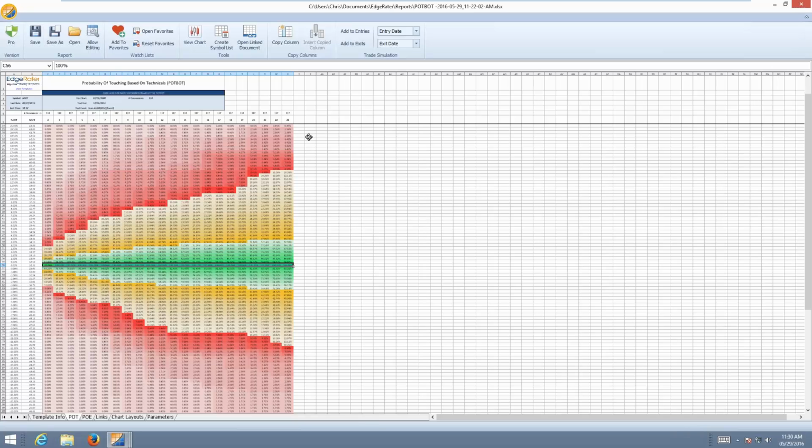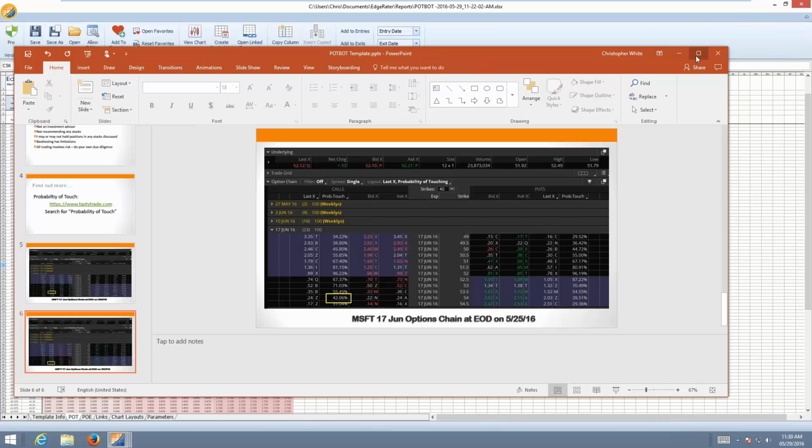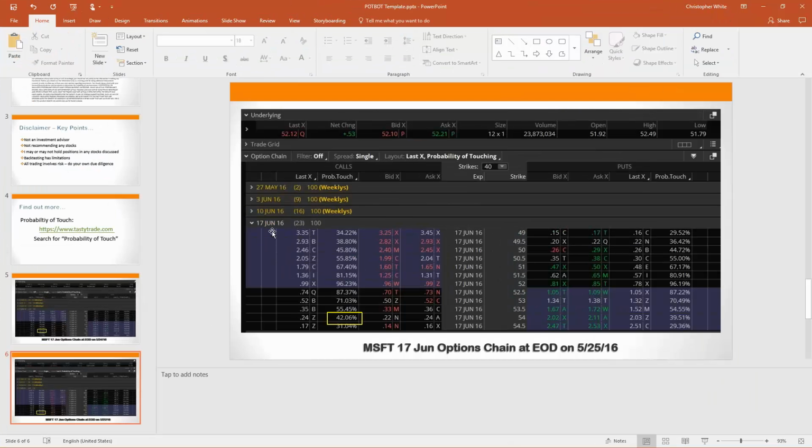Now, one of the questions that came up was about weekly options. The option price that I was looking at, let me bring that back over here, was just a regular expiration. 17 June is your third Friday expiration in June.